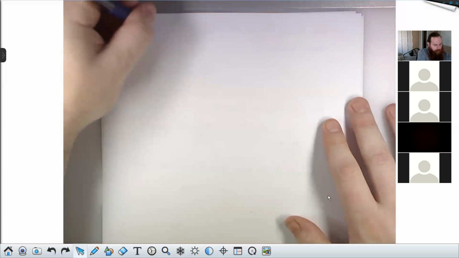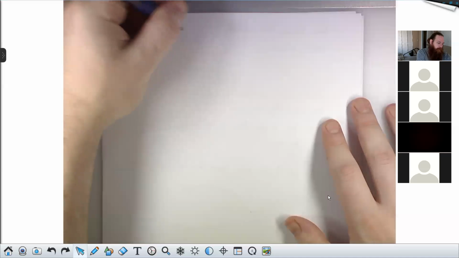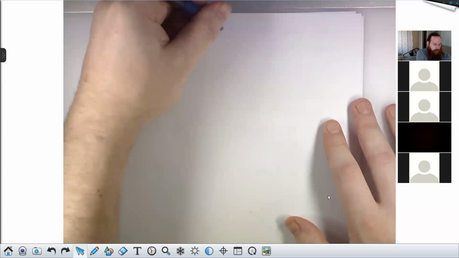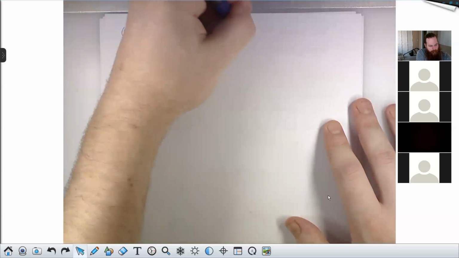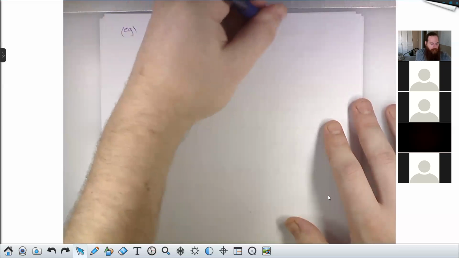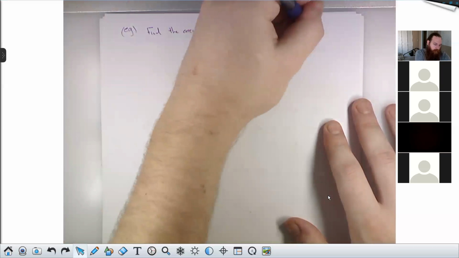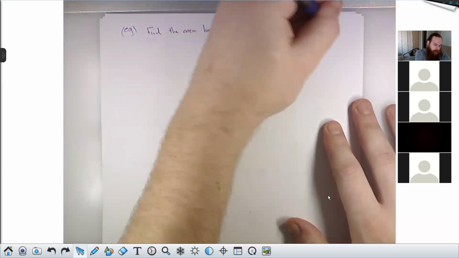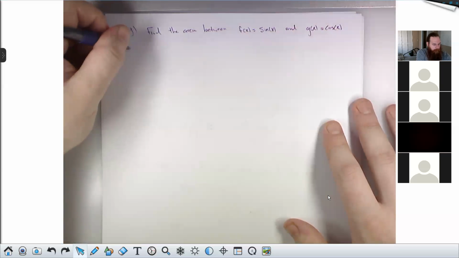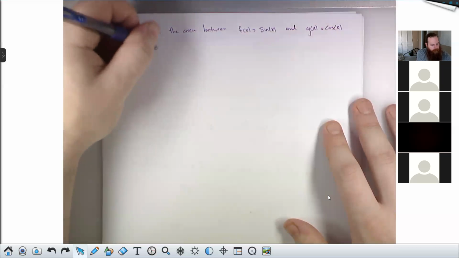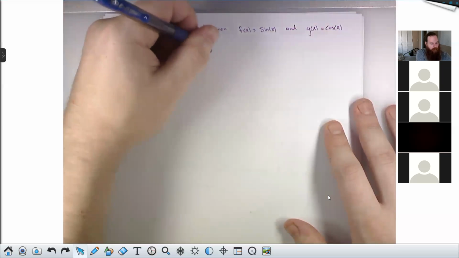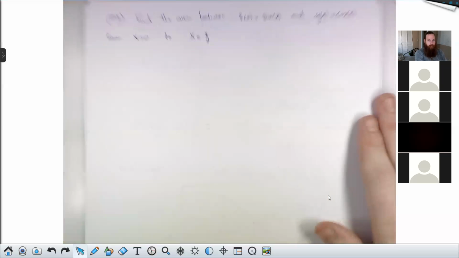Find the area between f of x equals sine x and g of x equals cos x from x equals 0 to x equals pi over 2.